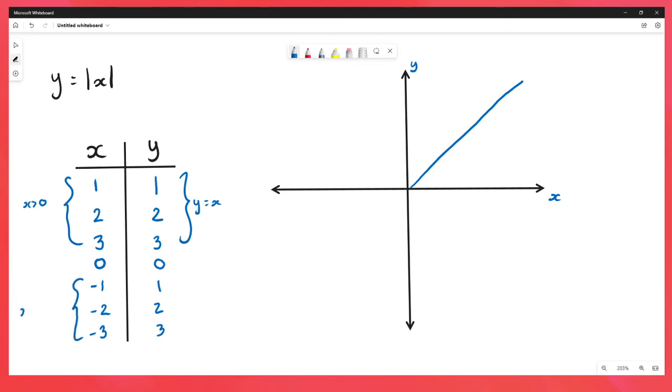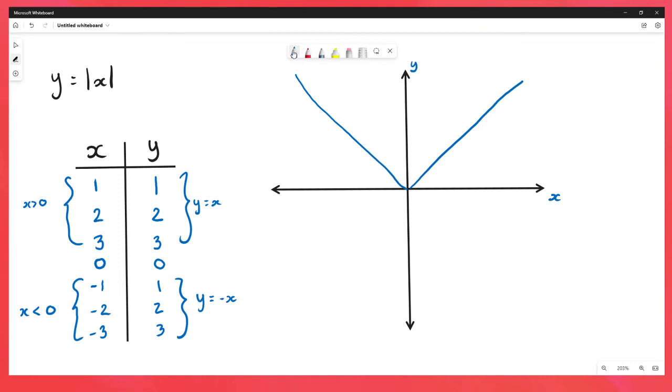So in this bit, when x is less than 0, we get that y is the minus of x. So we get a symmetrical straight line like that. This is the graph of y equals the modulus of x.